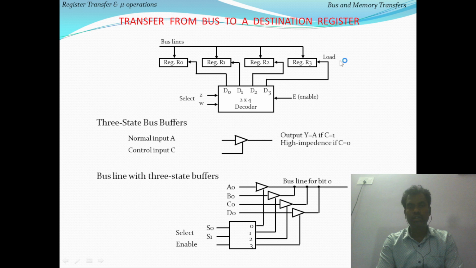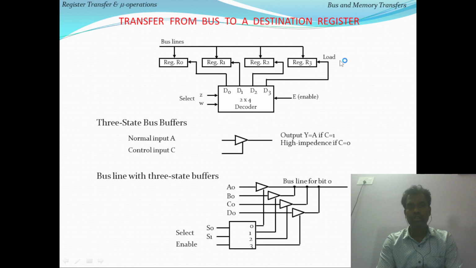If it is 0 0, D0 will be 1, and D0 is connected to R0. If it is 0 1, D1 output is 1, which is connected to register R1 loading. So at a time any one register is selected, and that register is represented as the destination.